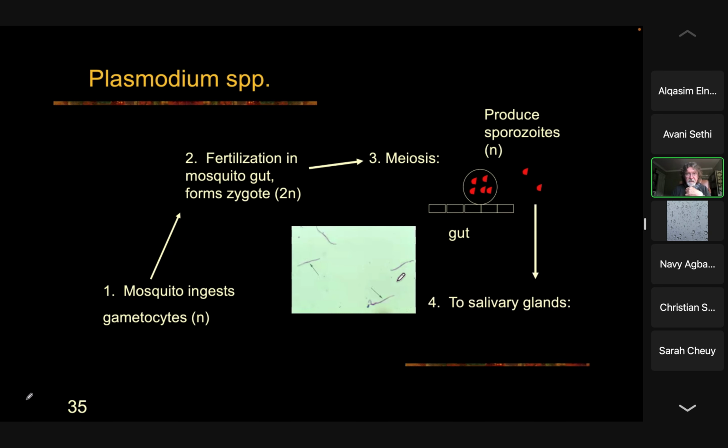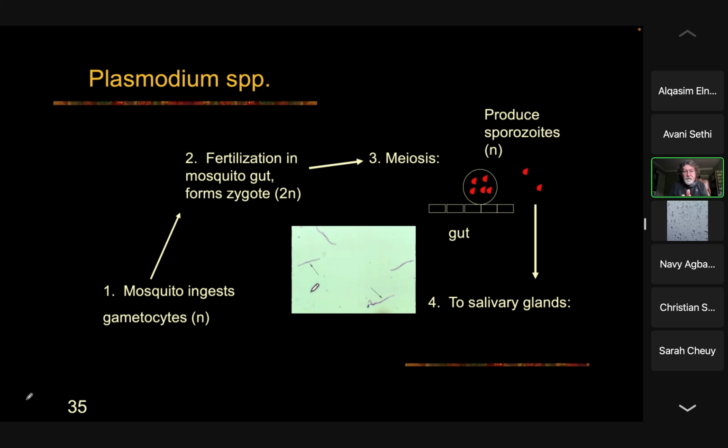In fact, this is what they look like. That's a sporozoite, and they end up anywhere in the muscles, in the reproductive organs, etc. There's no direction that they go, but many of them will end up in the salivary glands. Salivary glands are two large glands in the neck of the mosquito. And they're very important because the proboscis of the mosquito has six very sharp stylets, and those six stylets also form a feeding tube.